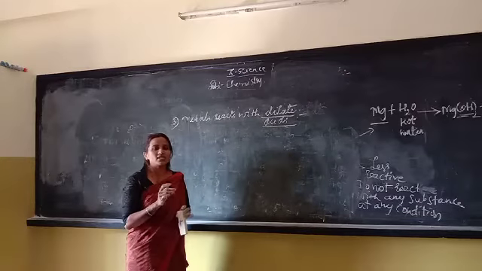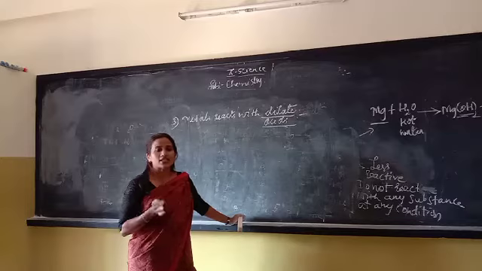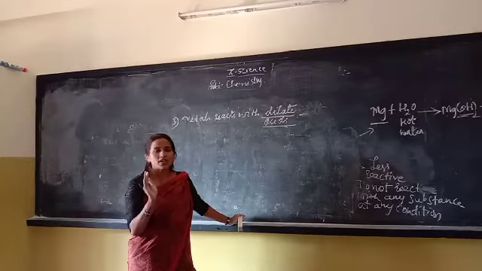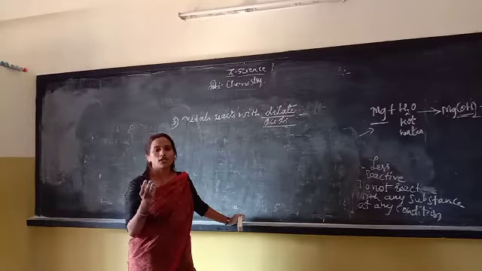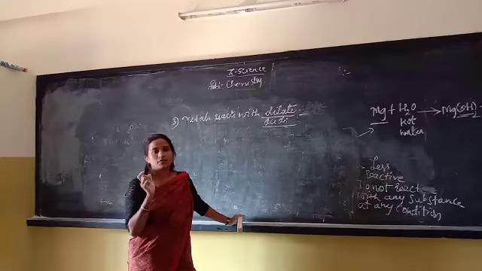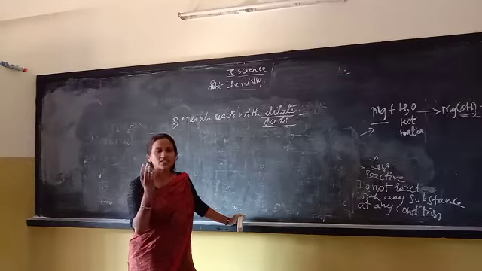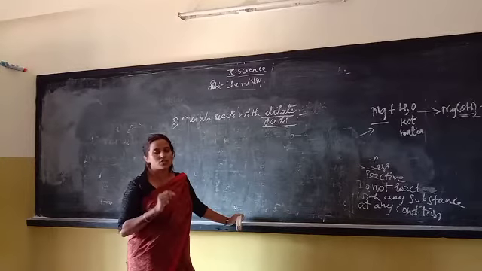Concentrated means having a very small amount of water and more acid. Dilute acid is more water and less acid. That is called dilute acid. Concentrated acid is more acid and less water. That is called concentrated acid.